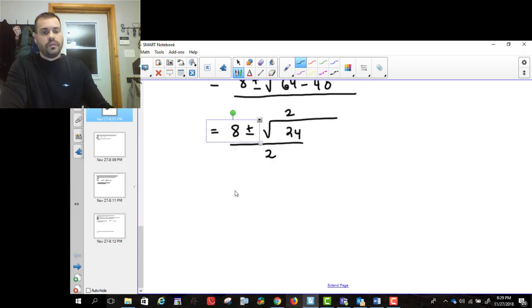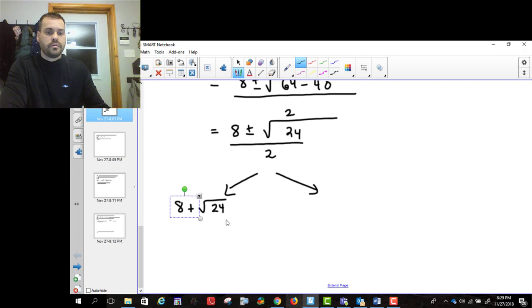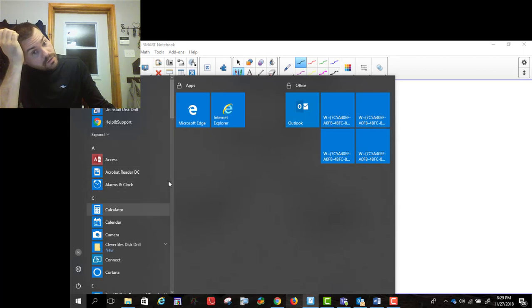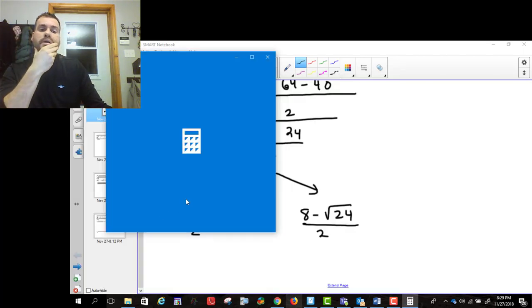And then at that point, we're going to split this into two possibilities: 8 plus the square root of 24 divided by 2, and 8 minus the square root of 24 divided by 2. Then we're going to grab our calculators and ask the calculator what the square root of 24 is, because it's not a nice perfect square.